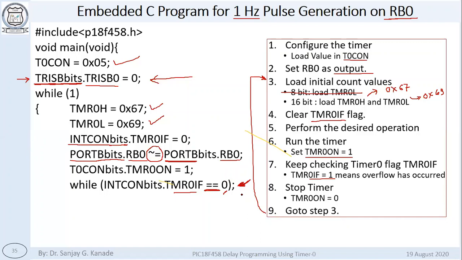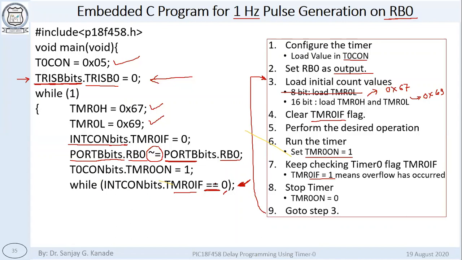So as long as this condition is true, the program will remain at this particular statement only, because while the condition is true, it keeps on executing the while loop.